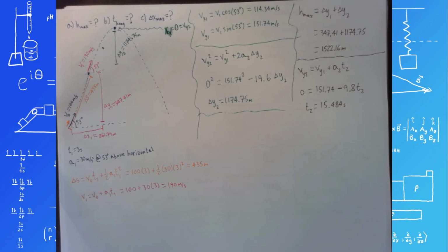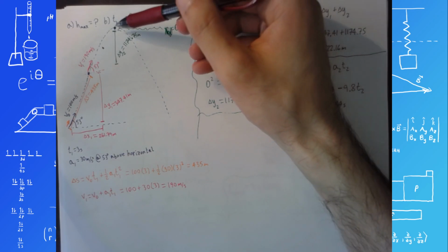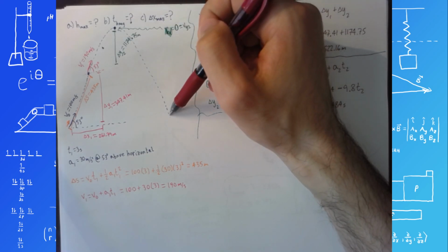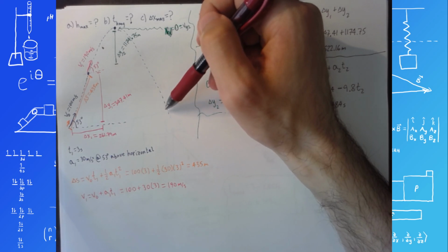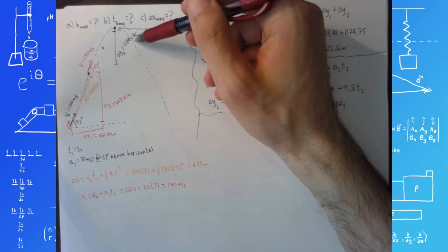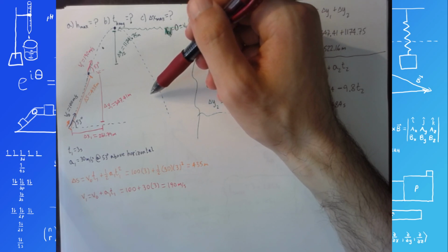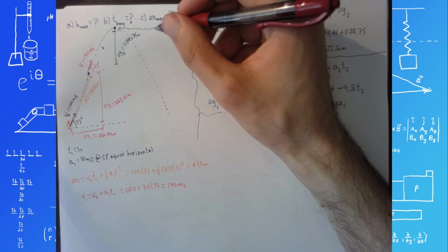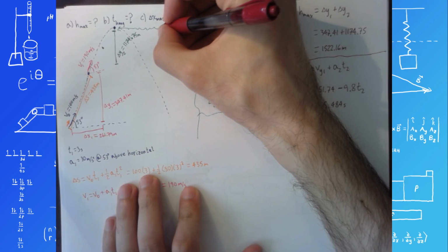And now to get T3. Well, to figure out T3, I already know Vy at the top. I don't know Vy at the bottom, and I actually don't need to know it. I know my acceleration in y is negative 9.8 for phase 3, and I can get my displacement for phase 3.